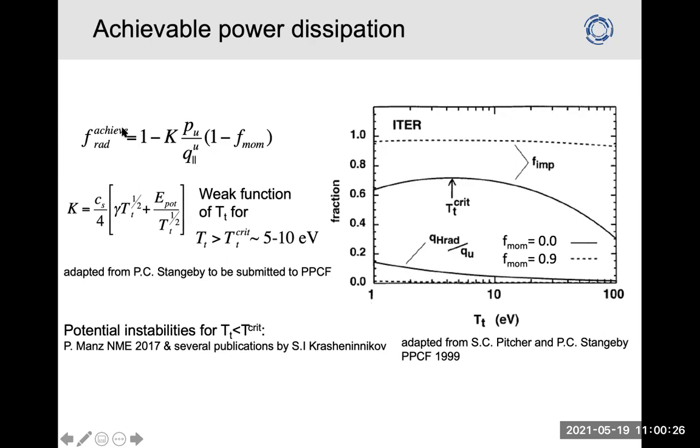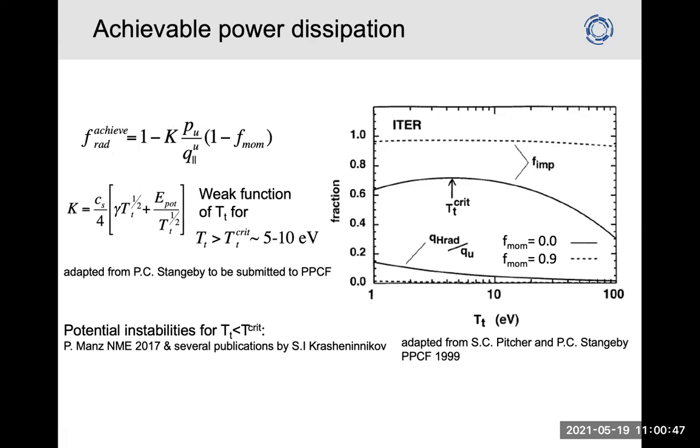So the fraction of radiation that we can achieve depends essentially on some function that we call K in this simplification, and on the ratio of the upstream pressure to the power flux upstream.